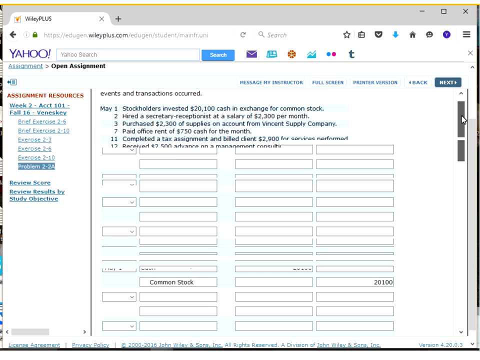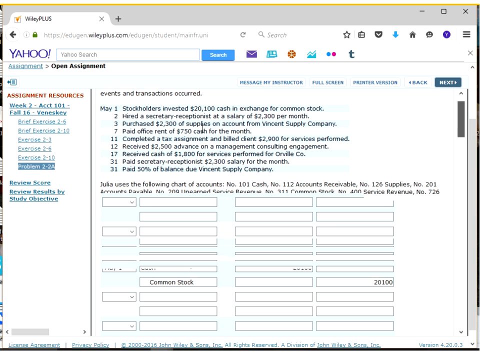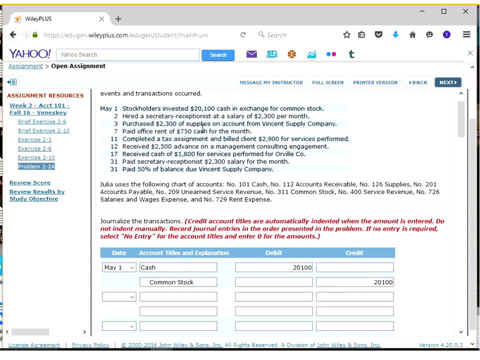Now the second one is kind of a trick one, and I went over this in one of the examples that I did previously on another video. On this one, we are hiring a secretary for $2,300. As of May 2nd, no work has been done. The business hasn't received any benefit. We haven't given a benefit to somebody by, say, doing them a job.